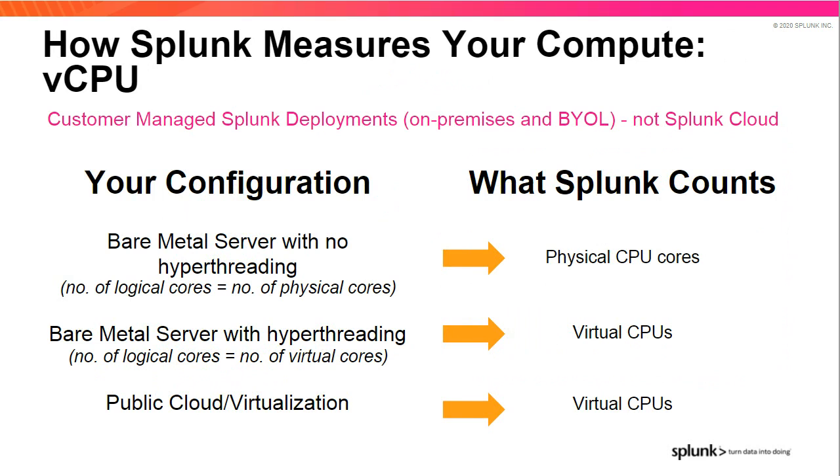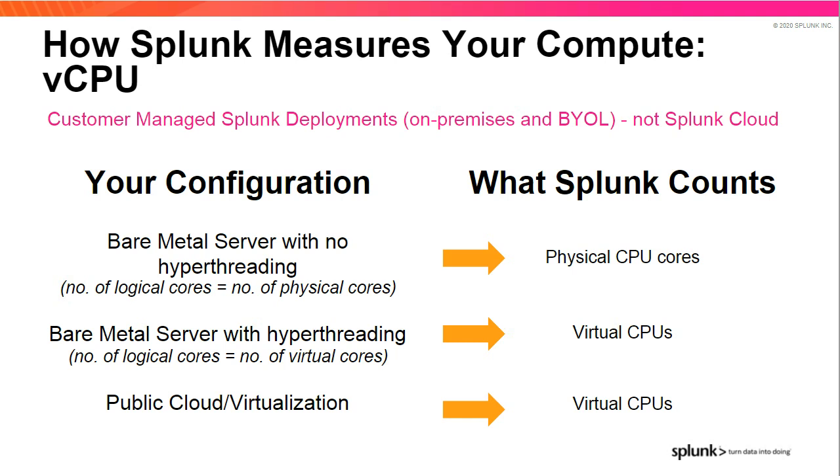Okay, let's compare or contrast that with customer-managed Splunk, or what we might call on-premise Splunk. It doesn't matter if it's running in your data center or it's a BYOL instance that you're running in somebody else's cloud. In that scenario, we're going to be talking about a category that we call infrastructure-based pricing.